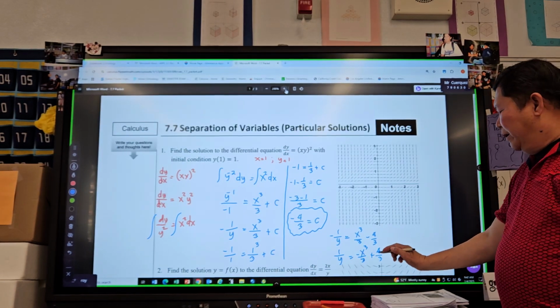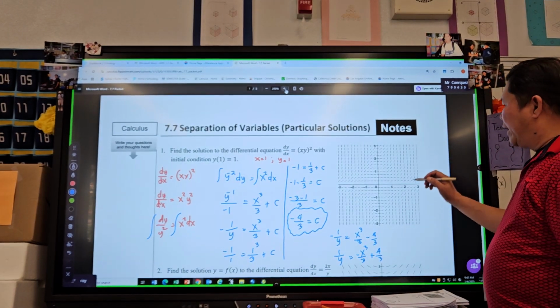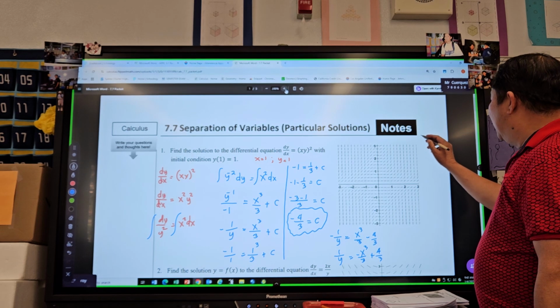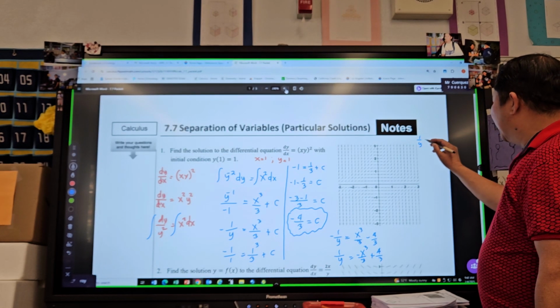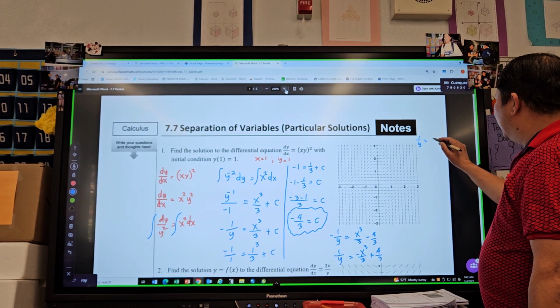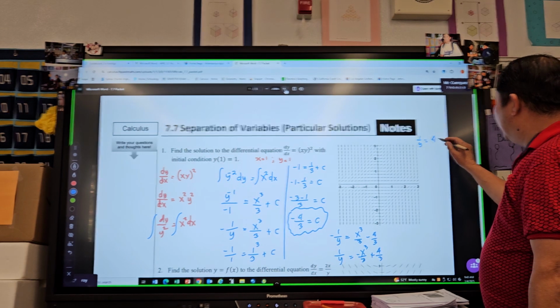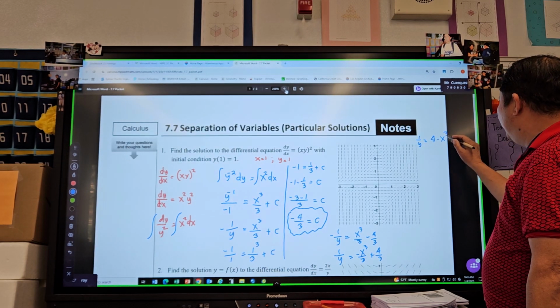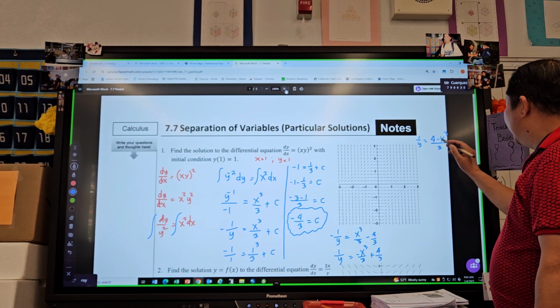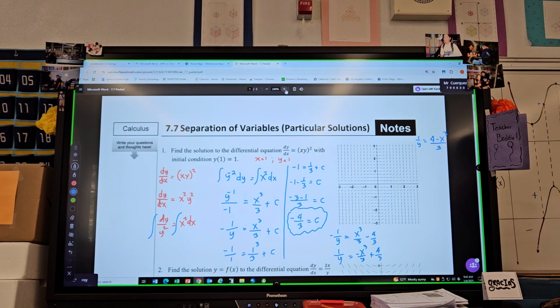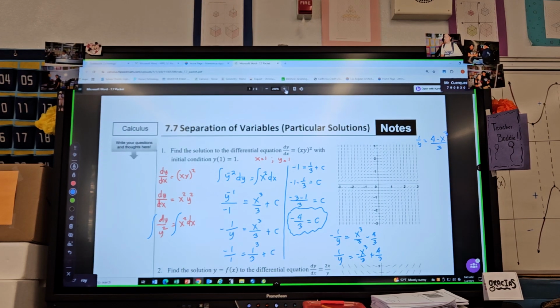We can rewrite this as 1 over y is equal to 4 minus x cubed over 3. But we are solving for the value of y, and it's on the left side, 1 over y.